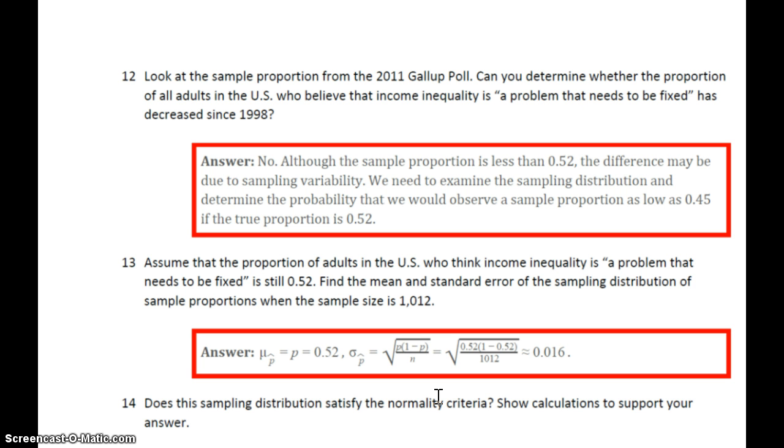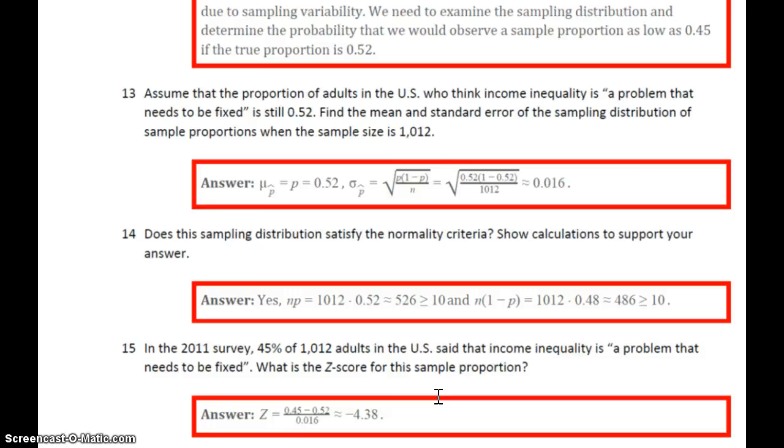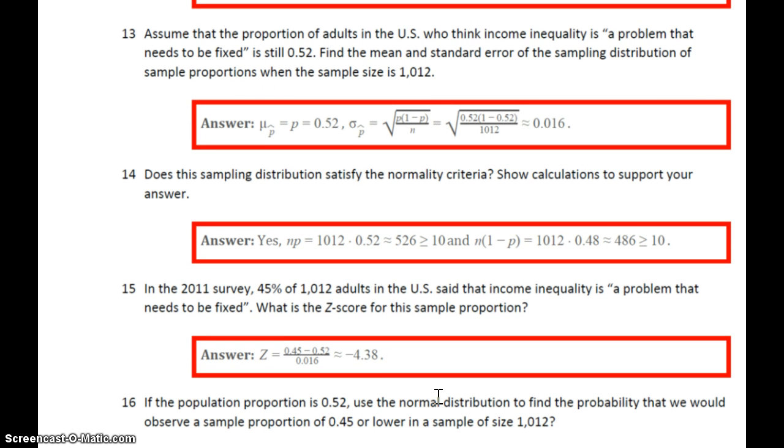Can you determine whether the proportion of those who believe income inequality is a problem has decreased? No. Although the sample proportion is lower than 0.52, the difference just could be due to variability. We know there's going to be variation every time you run a poll.